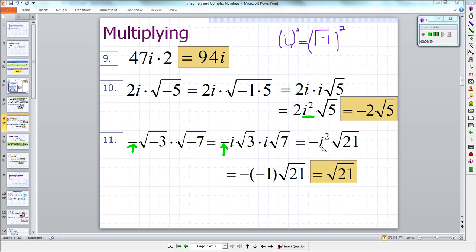Now we know that i squared is -1, so the negative outside stays the same, and we have negative of -1 times the square root of 21. Since negative times negative is positive, our final product will be the square root of 21.